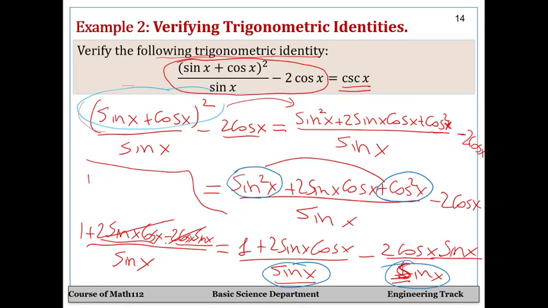The resulting expression will be 1 over sine x. What is 1 over sine x? It is cosecant x, because we want to get to cosecant x at the very end.